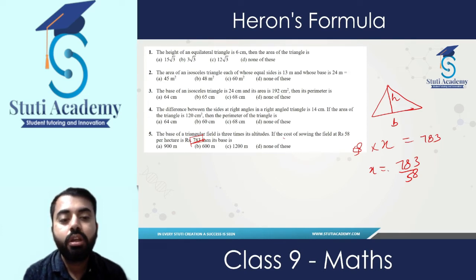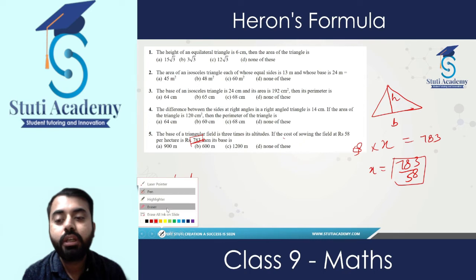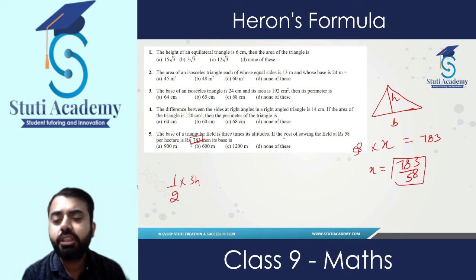Now cancel them out if they are cancelling each other. Let's see. I guess this will not cancel out, we'll be going in decimals. Now I know my total area is this. I knew area is half into base. Base is b, or you can say base is 3h. I knew my base was thrice of its altitude. So it is 783 by 58. I knew this will cancel out at 29.